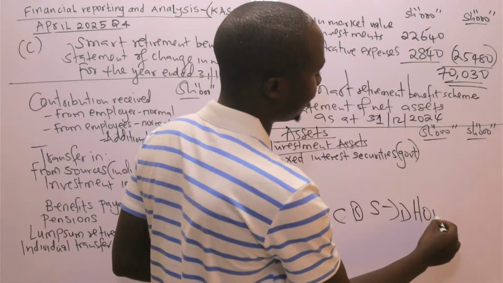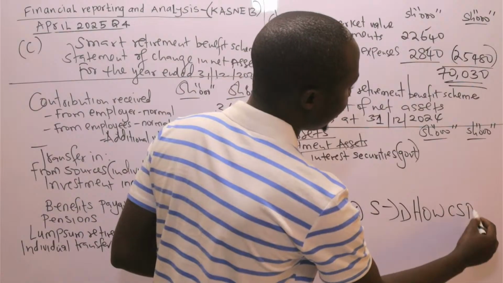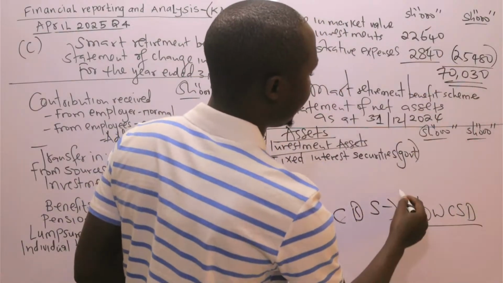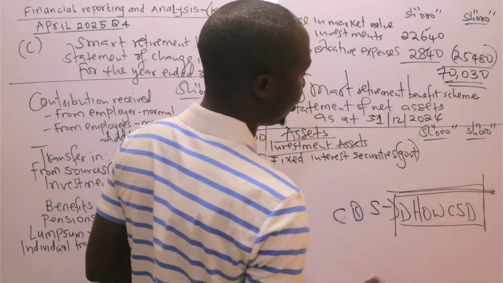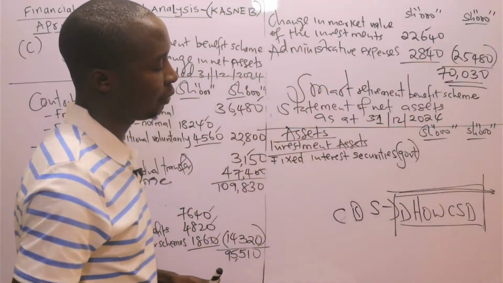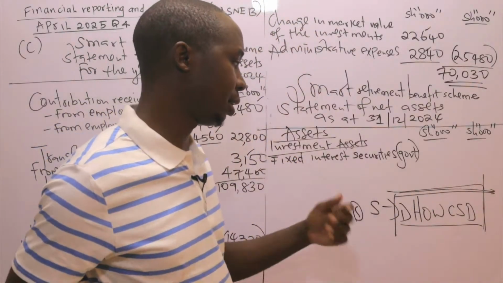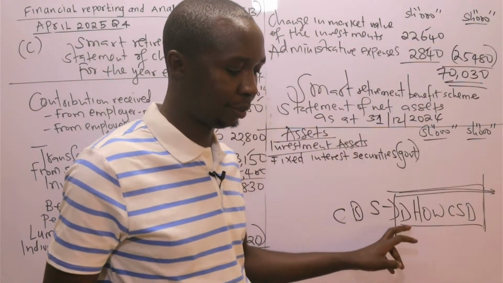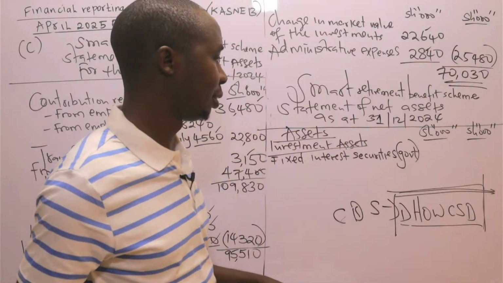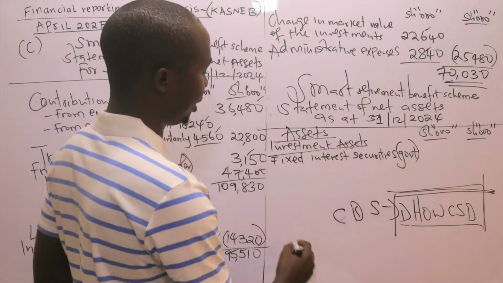DHouse CSD is a current platform which was launched by the Central Bank of Kenya the other time. It was this year. If you want to research more, research about DHouse CSD, if you want to buy Treasury bills and bonds.